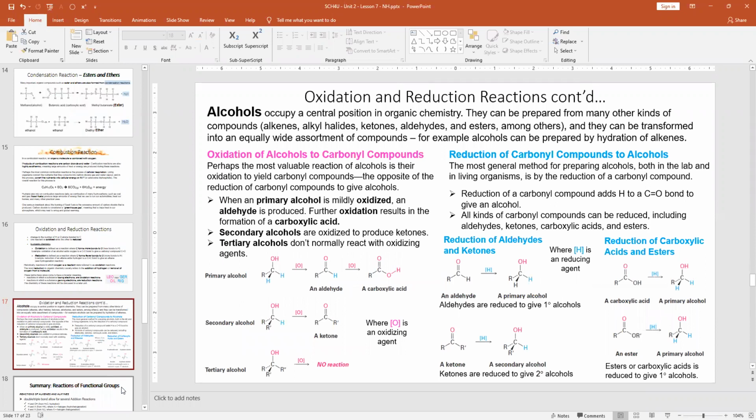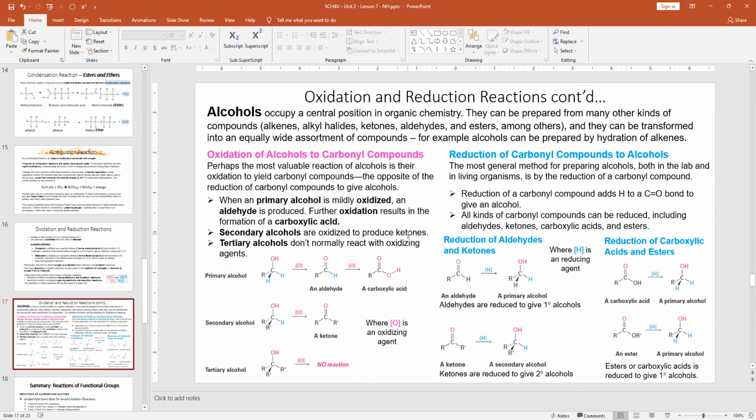So in this slide, I'm not going to go over it in great detail, but I'm just going to quickly touch upon how in these reactions either alcohols are oxidized to produce carbonyl compounds, or carbonyl compounds are reduced to produce alcohols. So here you can see how the oxidation of alcohols to carbonyl compounds is the opposite of the reduction of carbonyl compounds to give alcohols.